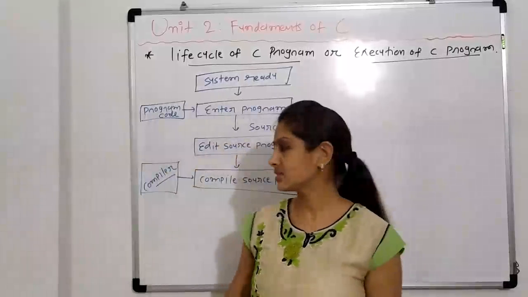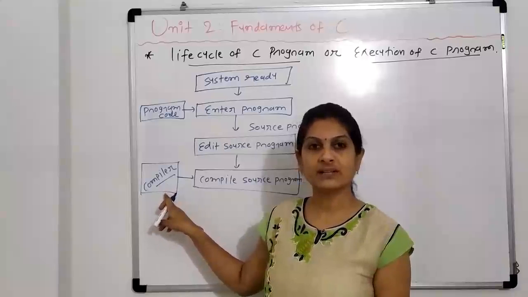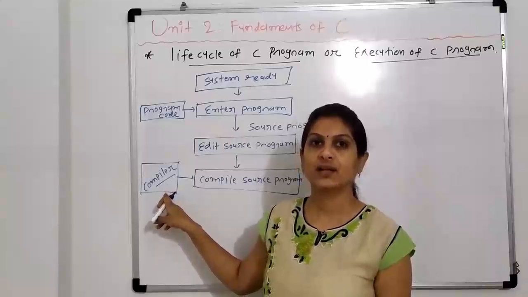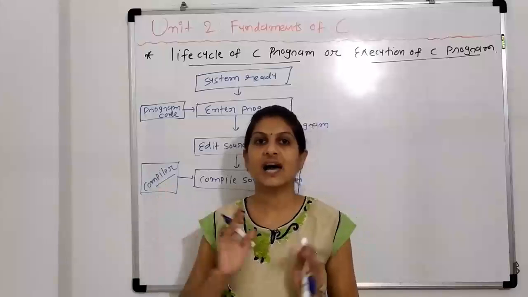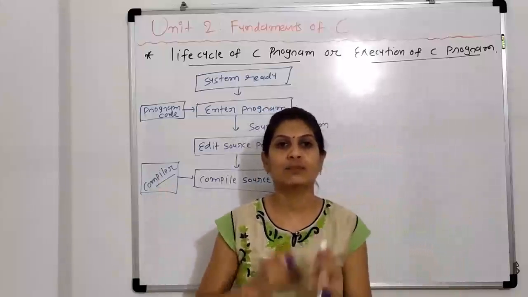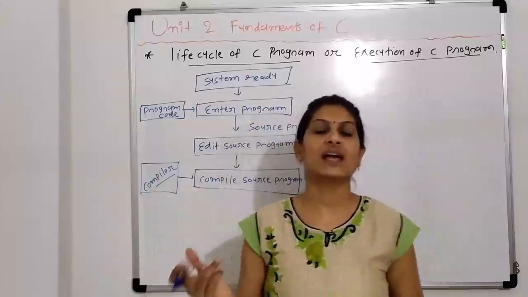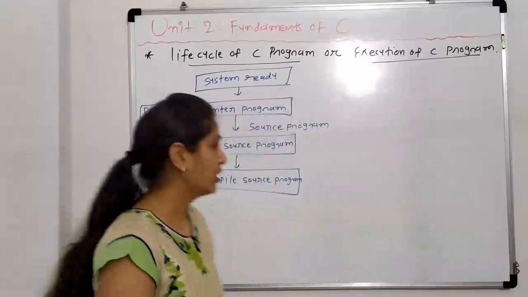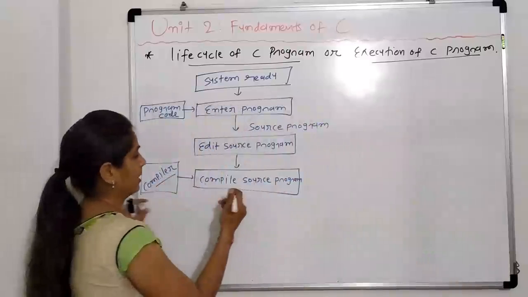Which software? System software, that is the compiler. What is the definition of compiler? We discussed it in the first unit. It is a system software that converts the high level language program into machine level language. Then and only then the machine can execute that program. So the compiler is used to compile our source program.